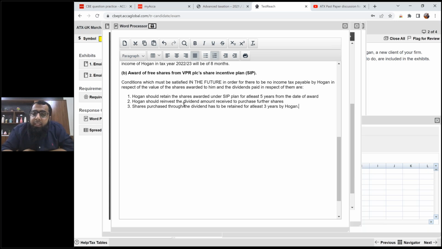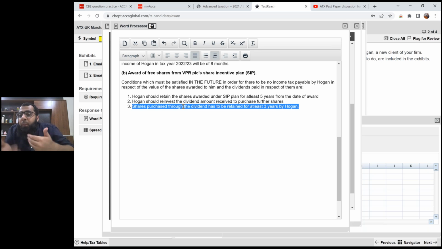Now this is one of the points which you will not normally find in the notes, because it is a very small point. I even think that it is not given in the study text also. But if someone had forgotten it, it would not have cost him more than 1 mark.